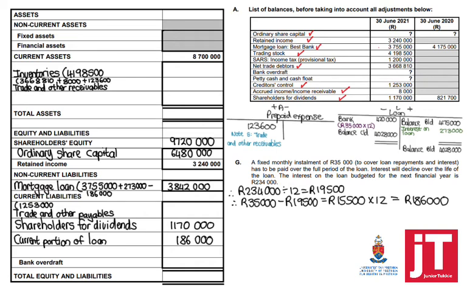Now we can calculate the total for the mortgage loan, which is 3,842,000, and that will equal the non-current liabilities. If we look at the rent, it was received in advance. Income received in advance is a liability, so this must go to trade and other payables.